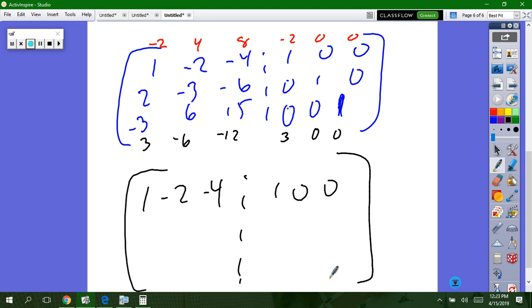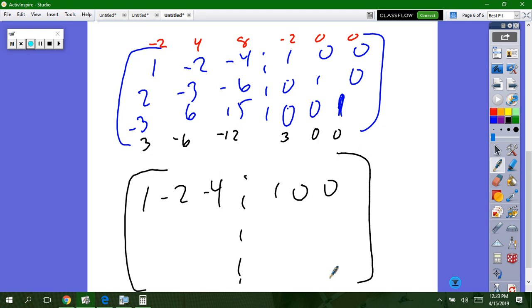Any questions there? Yes, ma'am. Because whenever I want to eliminate and put zeros in these locations, I always use the top. If I want to use the middle, I'm going to use the second. Answer your question?